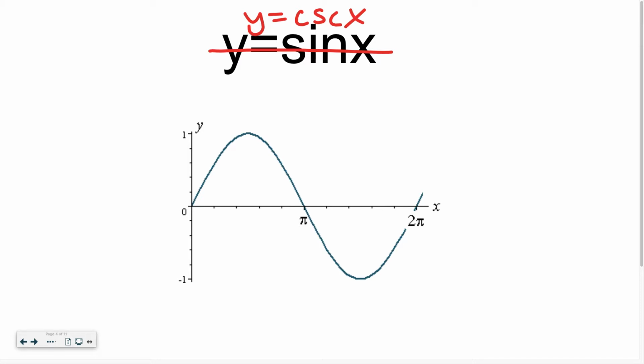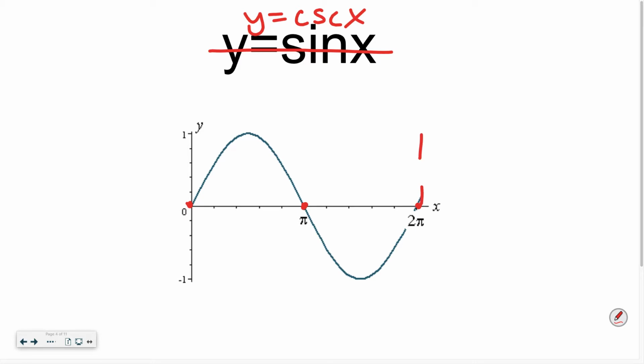Now, we just talked about the reciprocal of 0. You told me that the reciprocal of 0 is undefined. Think back to when we did on Friday. Graphically, what do we have to place when we have an undefined value? We have a vertical asymptote. So these 3 places where the sine is 0, the reciprocal would be undefined.